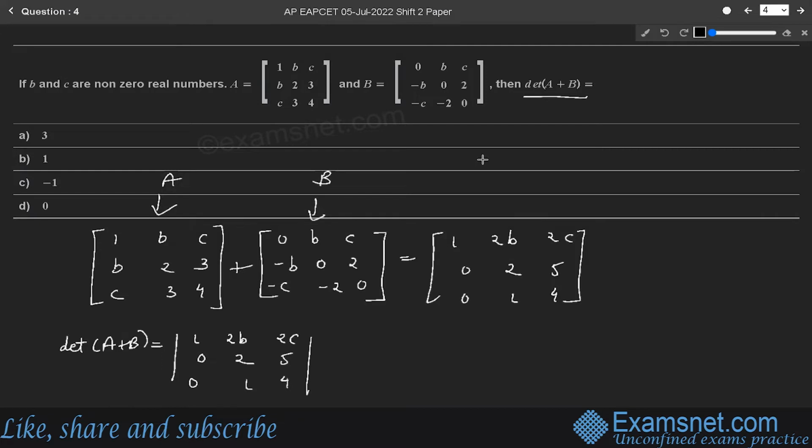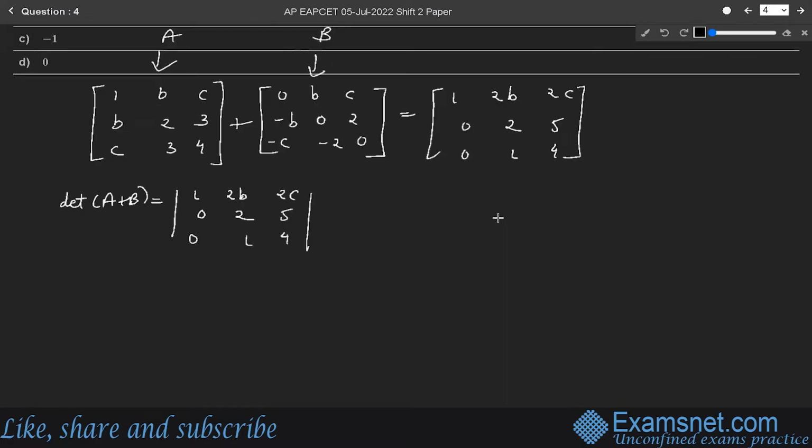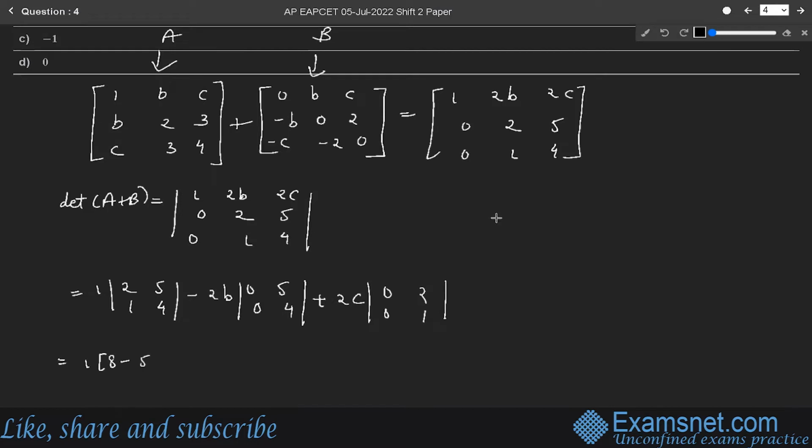We have to calculate the determinant. So further expanding this term, it will be equals to 1 into 2, 5, 1, 4 minus of 2B into 0, 5, 0, 4 plus 2C into 0, 0, 2, 1, which will be equals to 1 into 8 minus 5 minus 2B into 0 plus 2C into 0, which is equals to 3 minus 0 minus 0, which is equal to 3.